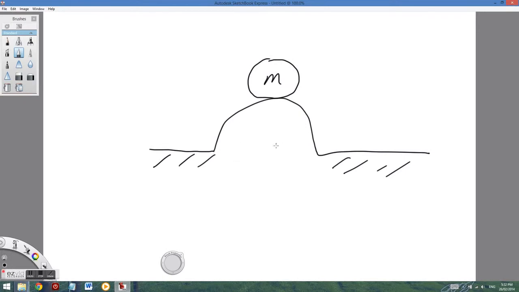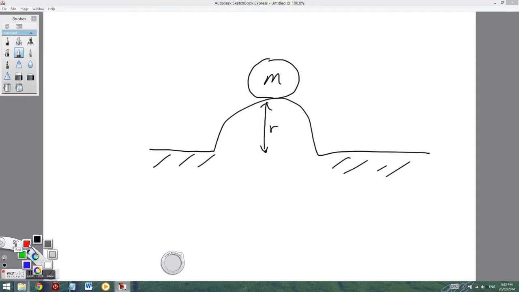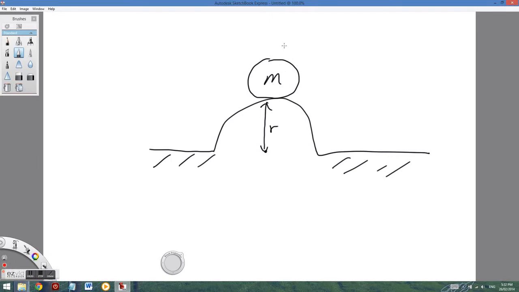The radius here will be r. Now let's draw a force diagram on it. First, I will have the force of gravity, the gravitational force, mg, acting downwards. I would have the normal force acting upwards.